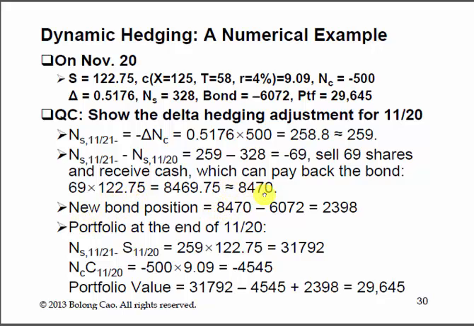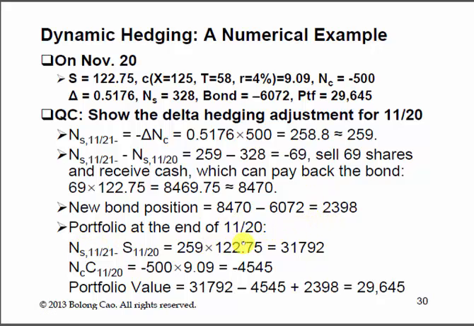This new money coming in can repay the debt. We borrowed $6,072. Now we have $8,470. After paying back the 6,000 something debt, we have $2,398 left in the portfolio on the asset side, in the T-bill.